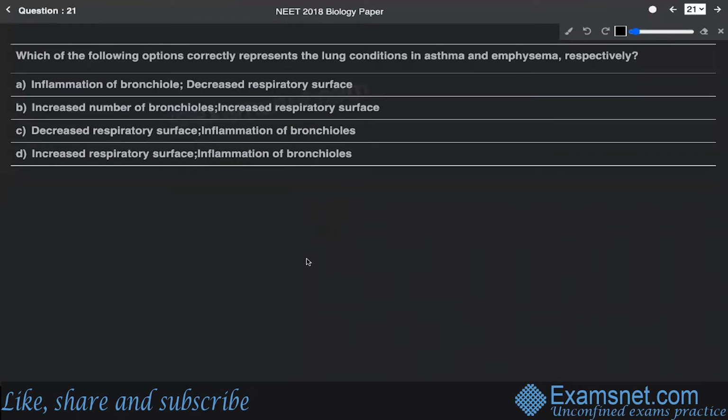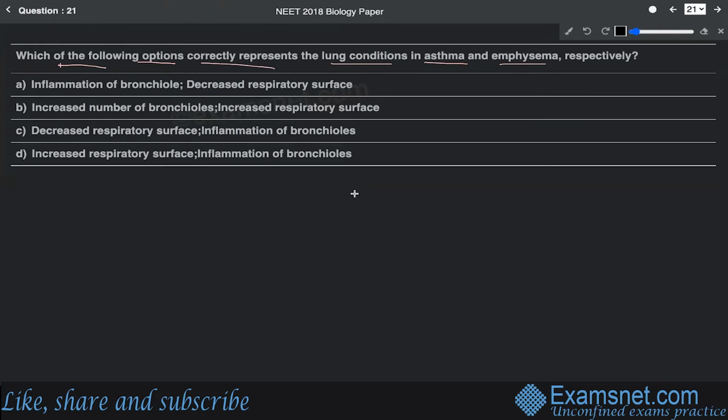Let's talk about question number 21. Now, this question says, which of the following options correctly represents the lung conditions in asthma and emphysema, respectively? This question has been asked from the chapter of respiration, that means breathing and exchange of gases chapter of your 11th standard.